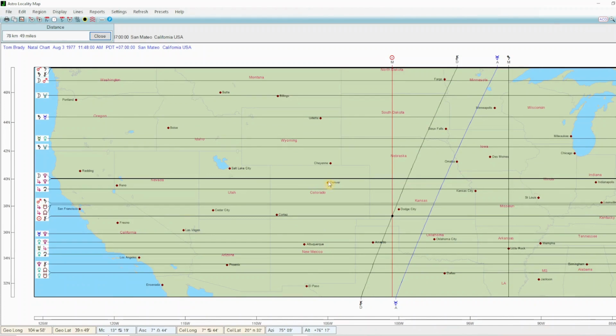If he were in Denver, he'd be right in between these Parans that are basically on the same latitude, and this Paran here, which is only several miles away. So when we really start diving in and looking at maps, you're going to have to interpret how these different Parans are coming together and what sort of experiences they can create in combination.